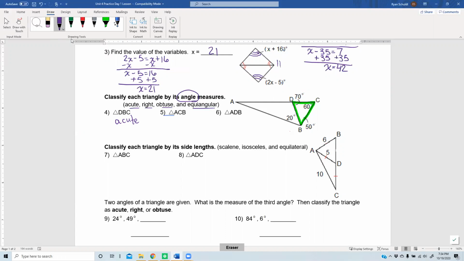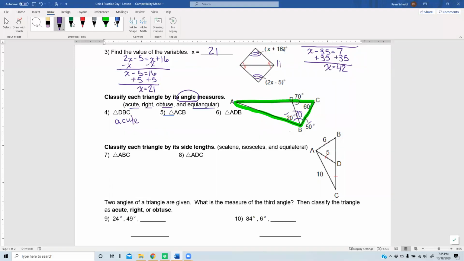Now we need to look at ACB. So this whole big triangle. Now, C is 60. We know that. To get the whole thing on B, we've got to add 50 plus 20. That gets us 70 degrees right there.